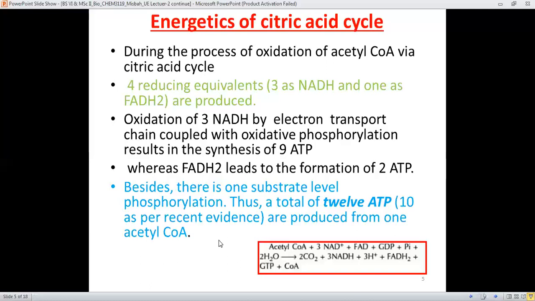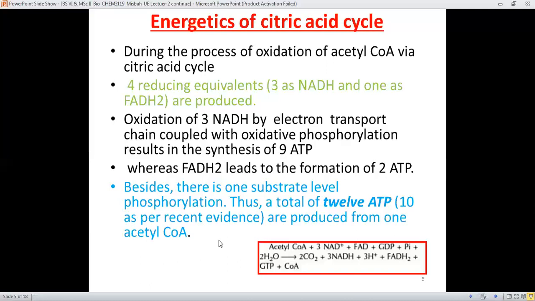This oxidation is coupled with oxidative phosphorylation. It means that when NADH or FADH2 are oxidized through the electron transport chain, there is simultaneous phosphorylation of ADP to give ATP.